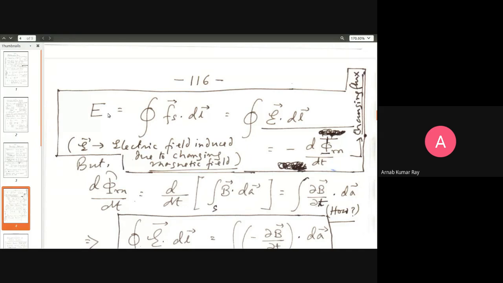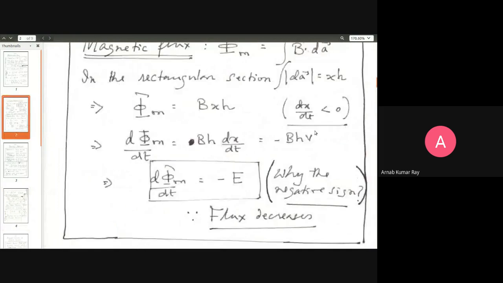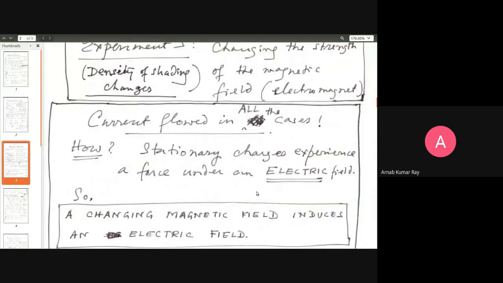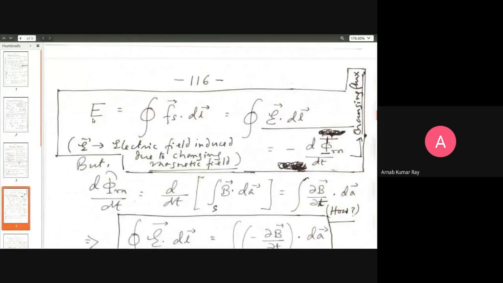You would have studied this thing. And electromotive force is also written as minus d/dt of phi m. We have just discussed that here. The EMF is equal to minus d/dt of phi m. The minus will go to the left-hand side now. So this Roman upright E is minus d/dt of phi m, which is the rate of change of flux. We are talking about changing flux over here.